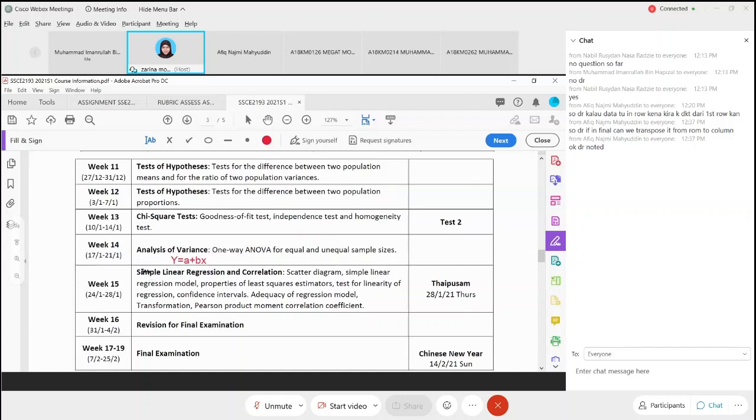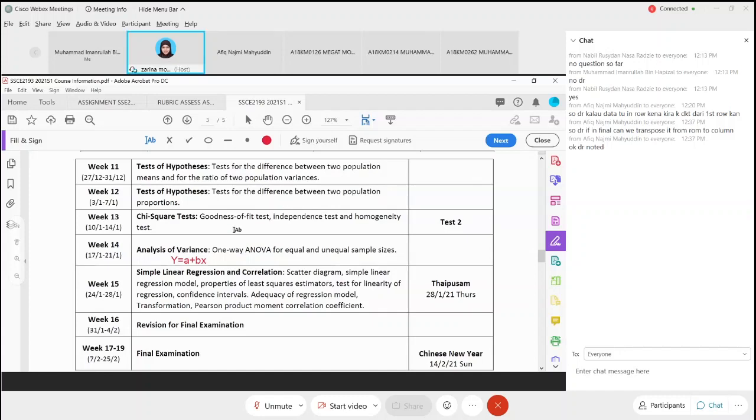Whereas in simple linear regression, the scope for your course here, Y and X are quantitative, numerical values. For example, Y is the weight and X is the height. So both are quantitative.